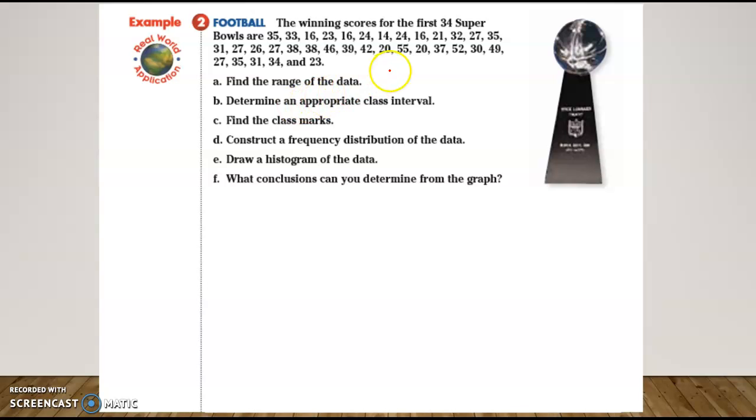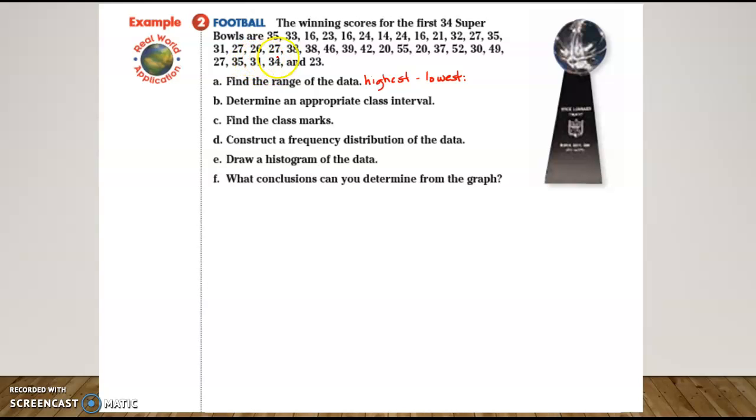Okay? So right here, the winning scores for the first 3 Super Bowls are 33, 35, 33, and so on. Find the range of the data. So remember, you want to do highest minus lowest.